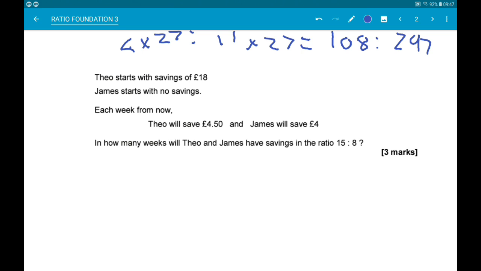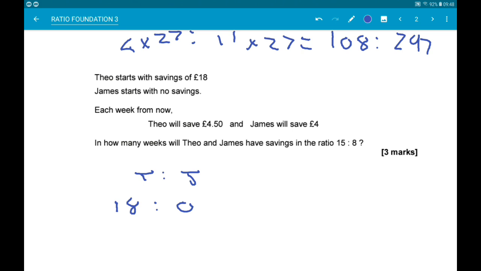Okay, so they are starting in the ratio Theo to James. Now really you can't get ratios and zeros involved, but it works. So Theo has £18, James has £0. Now each week Theo saves £4.50 and James saves £4.